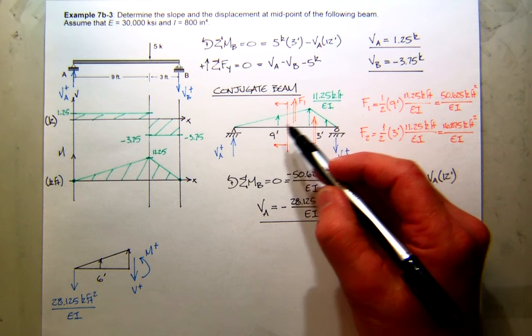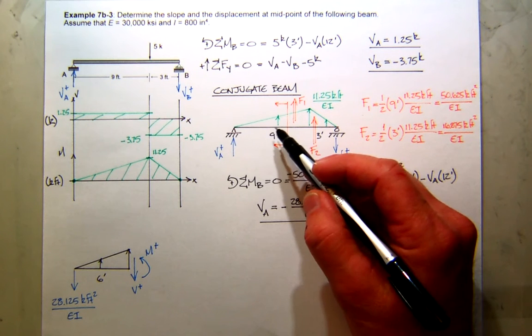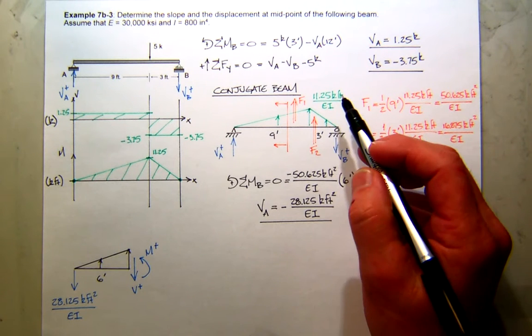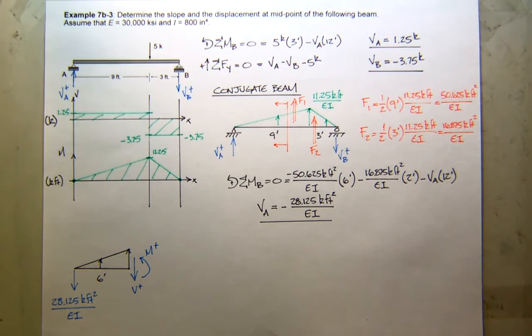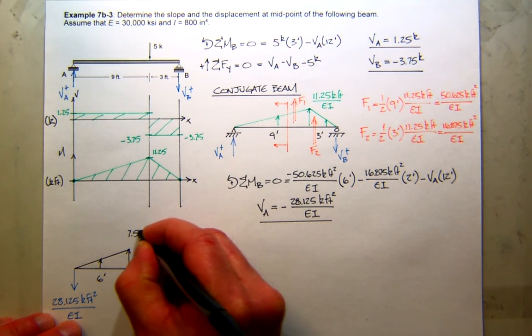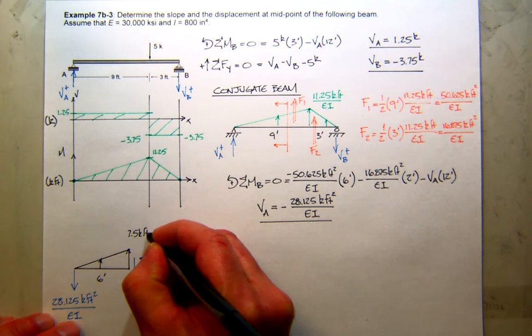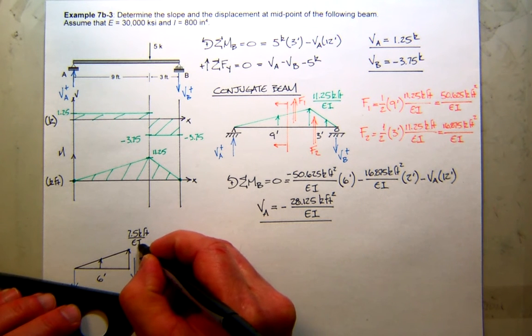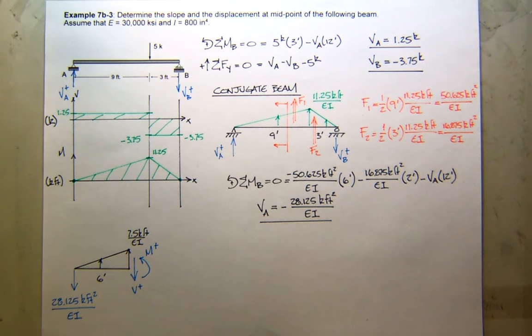This is 6 feet, so that's 2/3 of 9. So what's 2/3 of this? 11.25. 7.5. So this intensity will be 7.5 kip feet divided by EI. That sound okay?